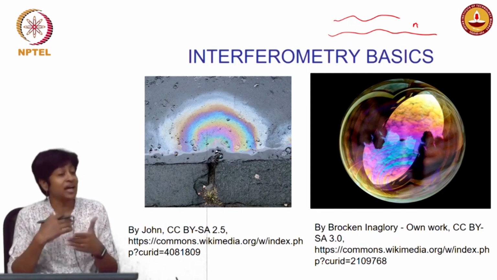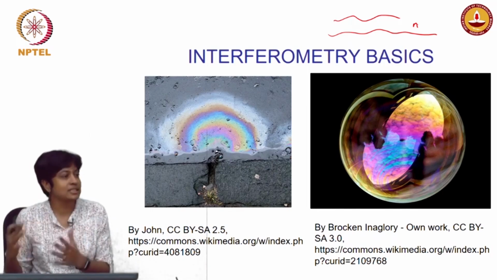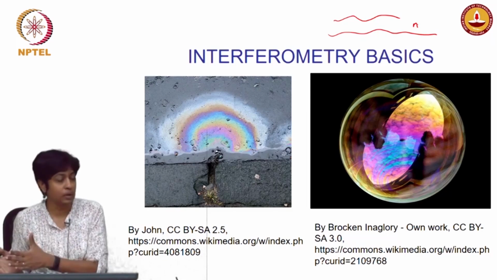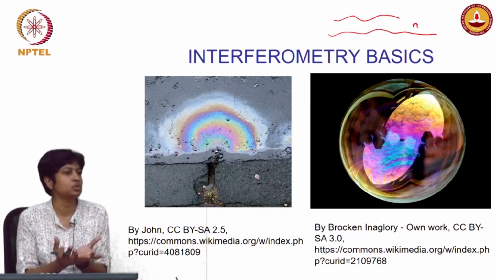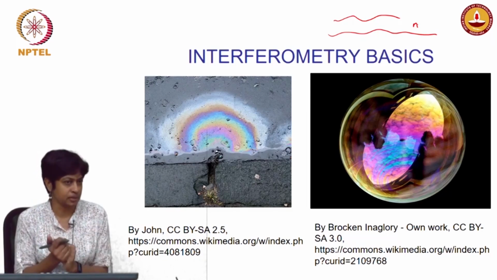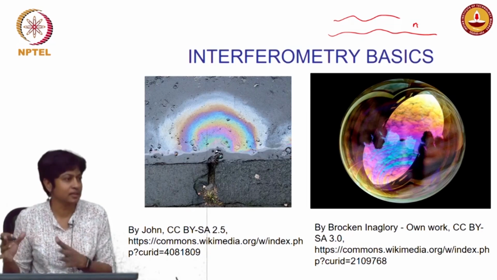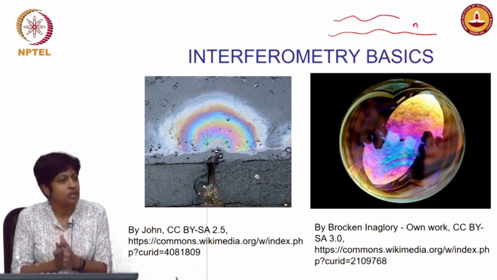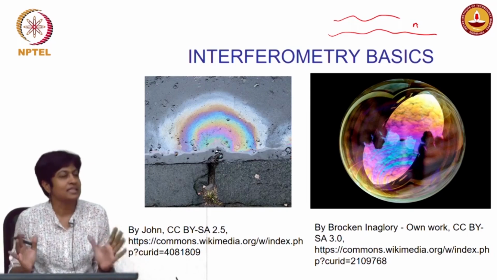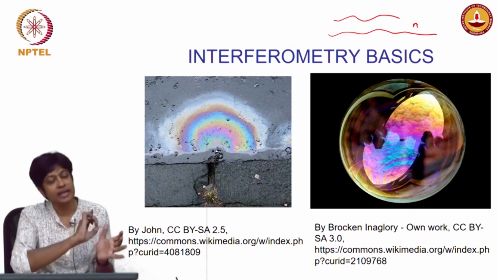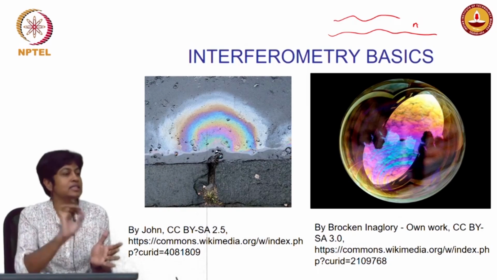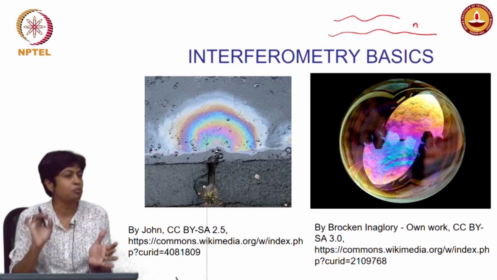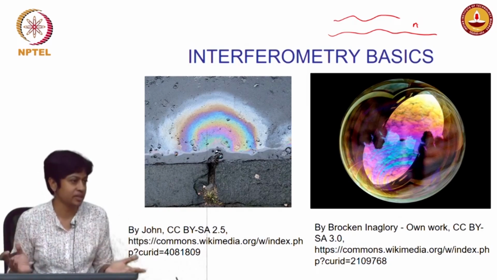Whenever the path length difference matches some condition for one wavelength, that wavelength is going to be predominant. Okay? And this will get clearer as we go along. But think of the interference pattern as nothing but a graph that connects the points with the same optical path length or the same phase.